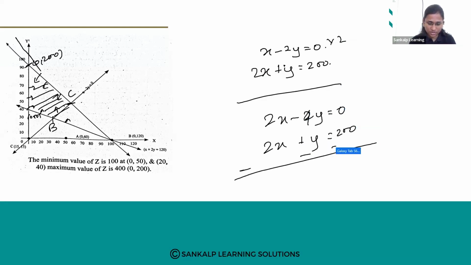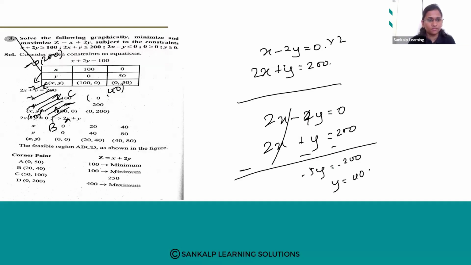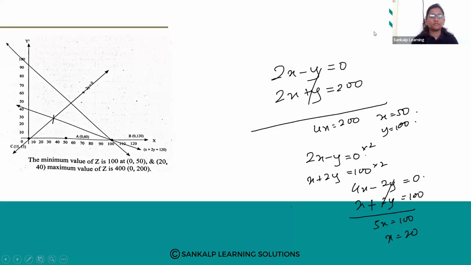Subtracting, I get minus 5y equals to minus 200, that is y equals to 40. Correct? So here I get y as 40. If y is 40, your x value will be what? 160 by 8, that is 20. Correct? Yes.